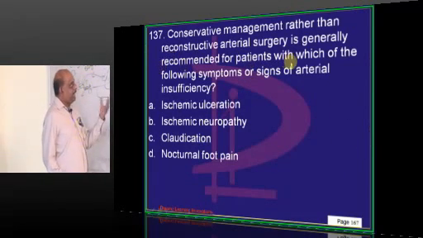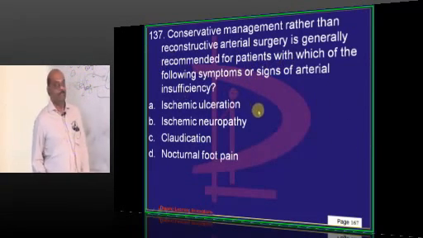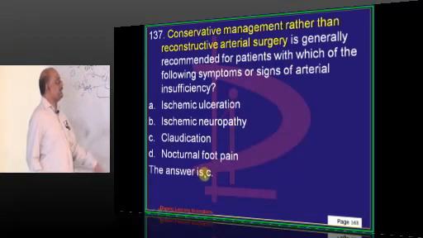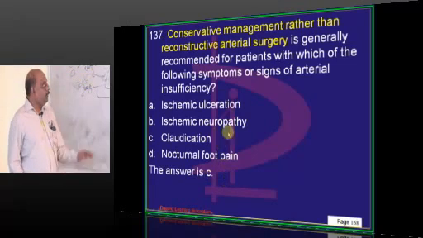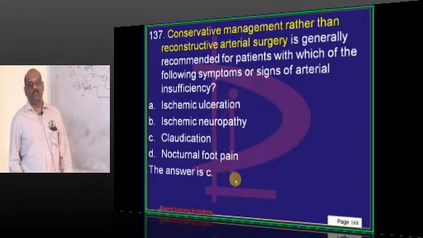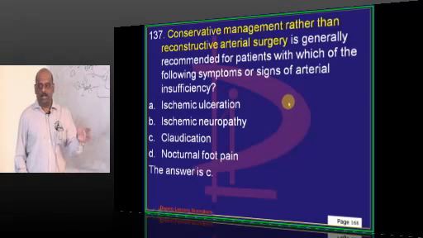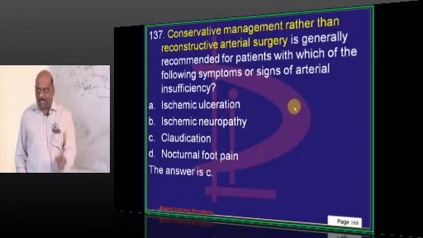Conservative management instead of reconstructive arterial surgery is generally indicated for which important sign? If neuropathy or ulceration or nocturnal foot pain is there, it is called critical ischemia. So there it is no more conservative. If it is only a state of claudication, then you can still use it.